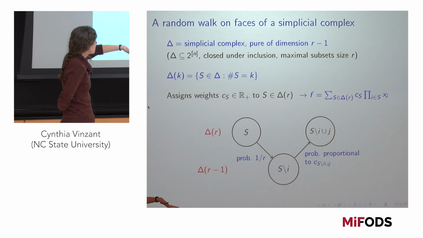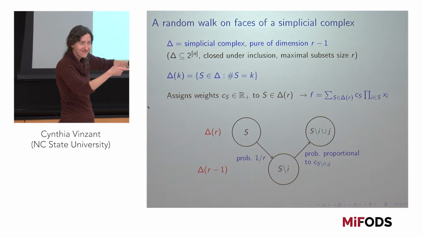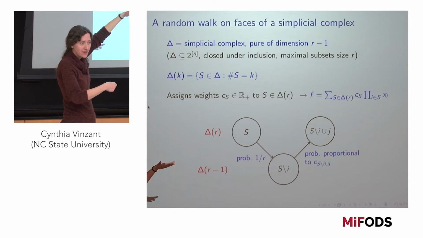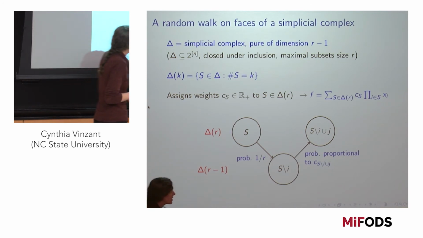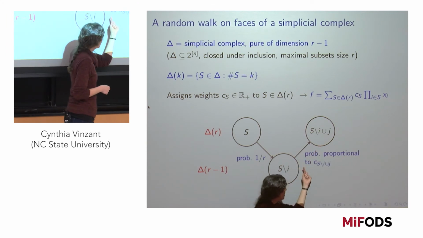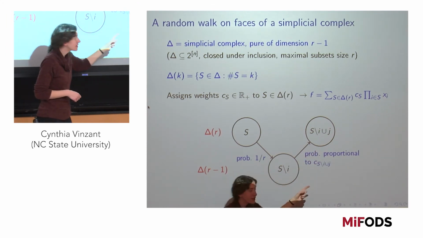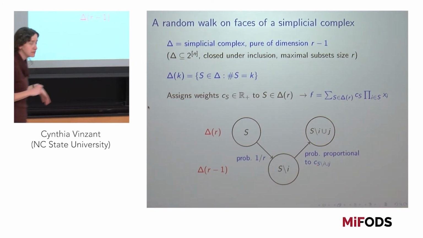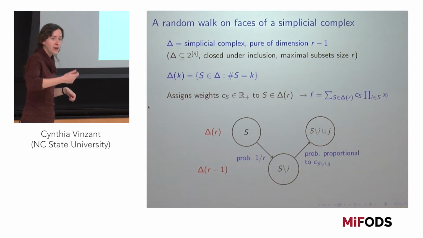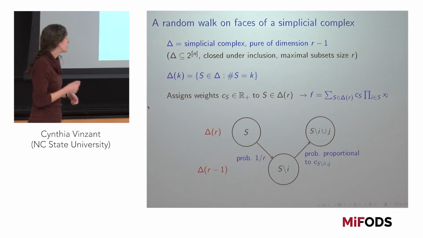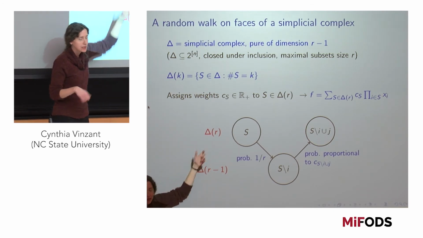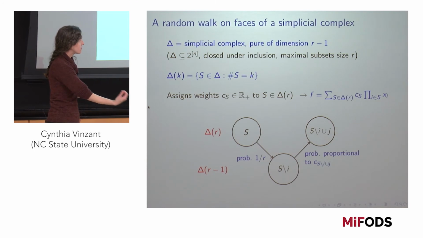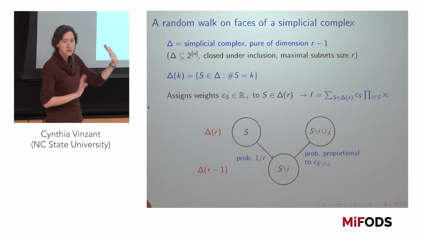Then I add an element back in to bump myself up. I add in an element j with probability proportional to the corresponding weight, the corresponding coefficient. All the different ways that I could add something back into my set, including adding i back in, that's fine. I'm going to do this with probability corresponding to the weight.